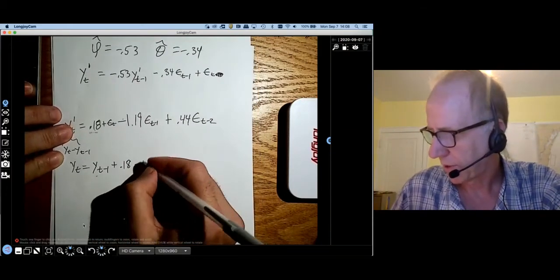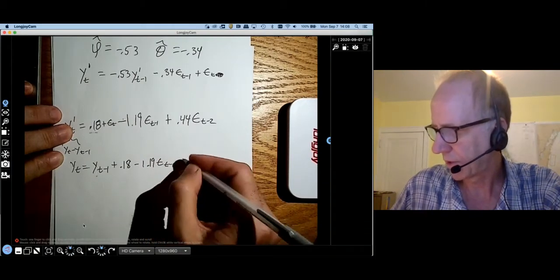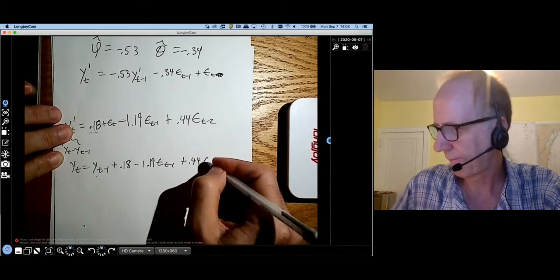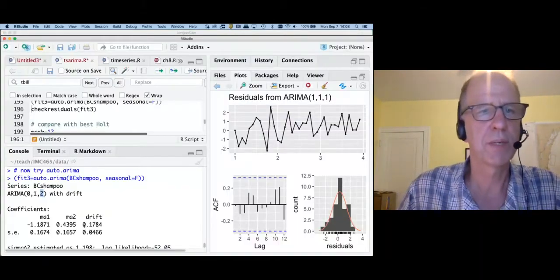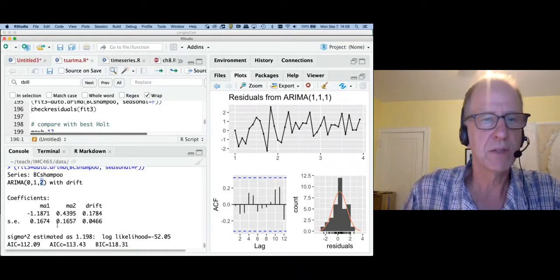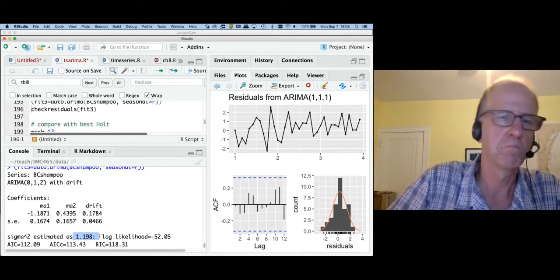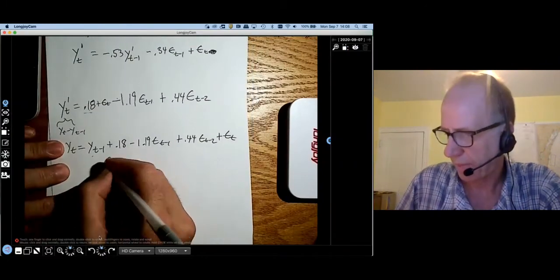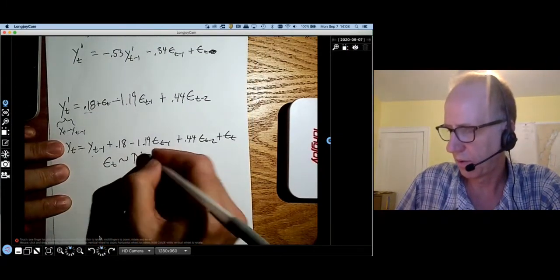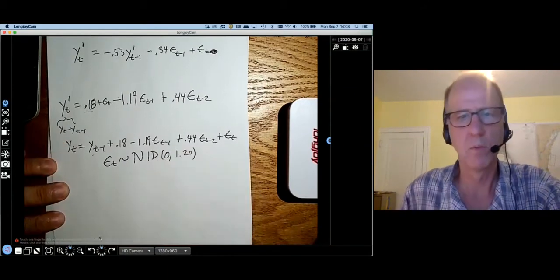But then we're going to adjust based on the errors. And so I'll just finish writing this out. If we really want to finish specifying the model, the variance of these epsilons is 1.20, call it. Epsilon t is independently distributed normally, 0, 1.20.